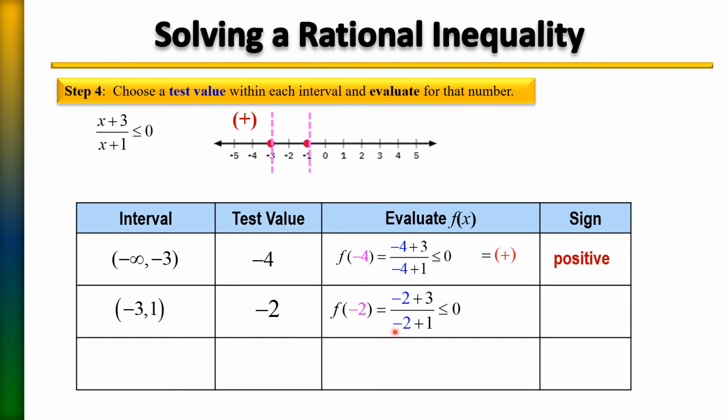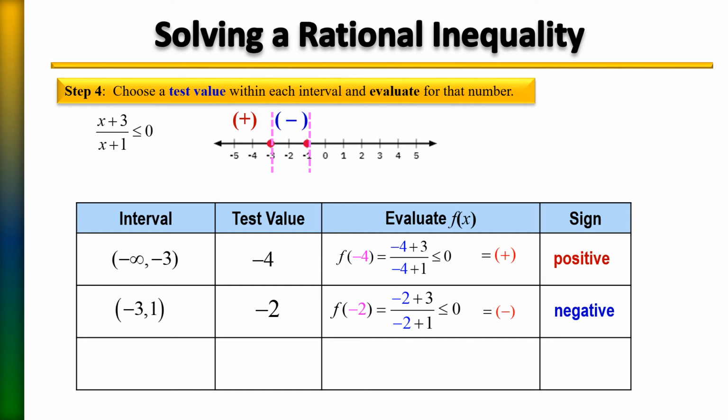The bottom is going to give us a negative. A positive divided by a negative is going to equal a negative. So everything within that region then has a negative, and that is definitely our region we're looking for.